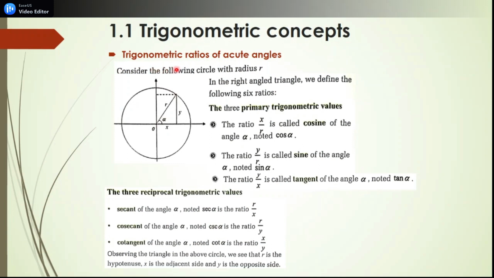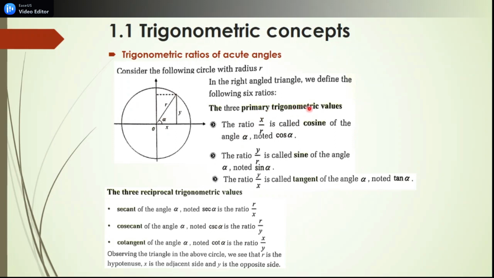We have the trigonometric ratios of an acute angle. What is a trigonometric ratio? We have 6 trigonometric ratios. The first group is 3 primary, the second group is 3 reciprocal.